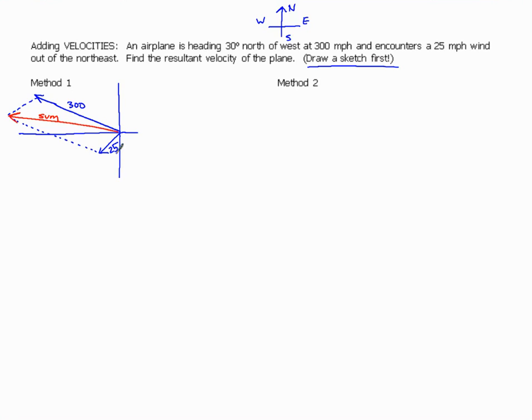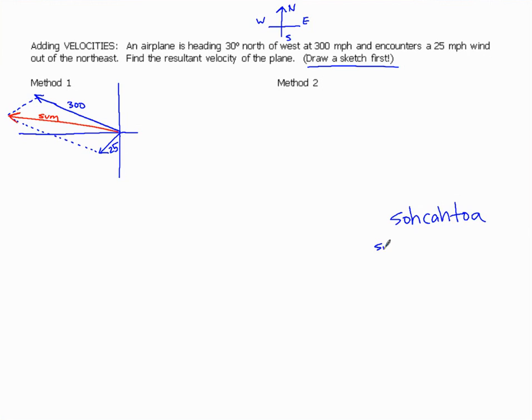So here's what we're going to do. We're going to draw some triangles. There's going to be some trigonometry here. We're going to use SOHCAHTOA. In case you haven't heard of SOHCAHTOA or you forgot, it means sine is opposite over hypotenuse, cosine is adjacent over hypotenuse, tangent is opposite over adjacent.